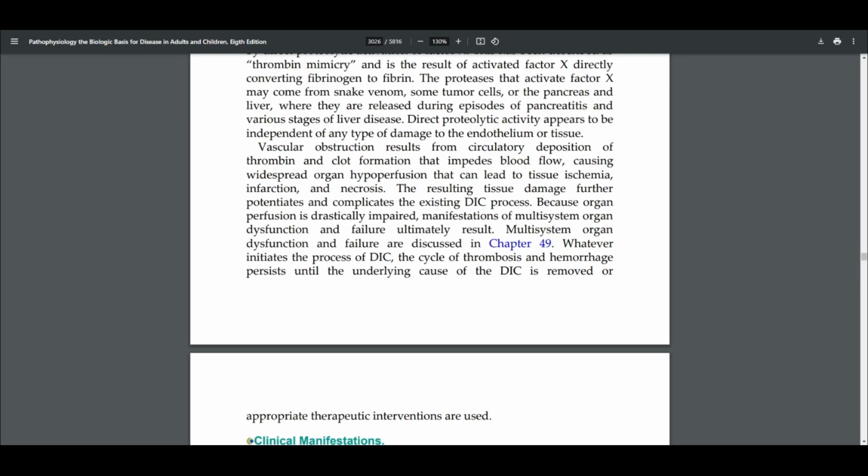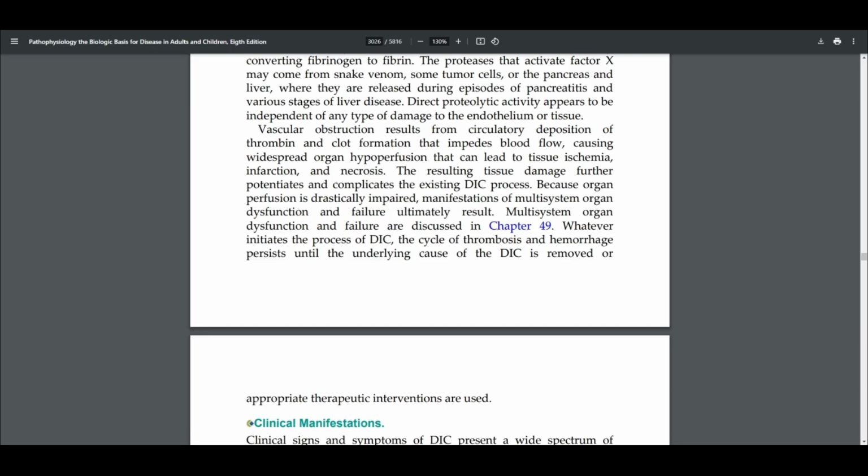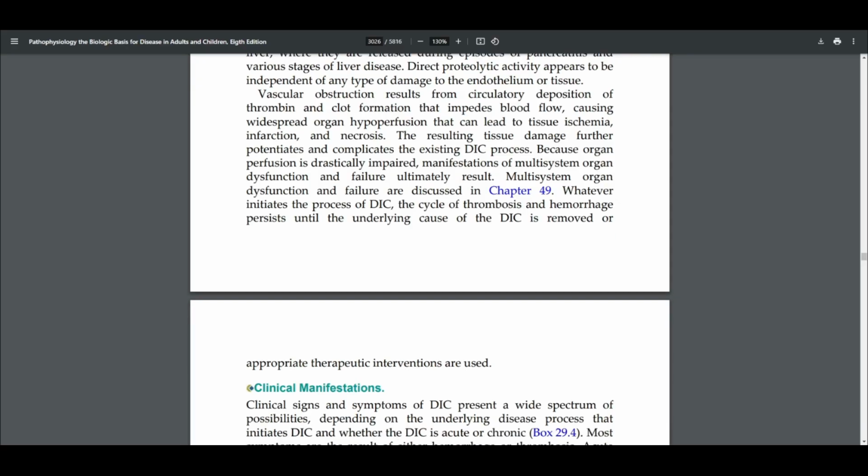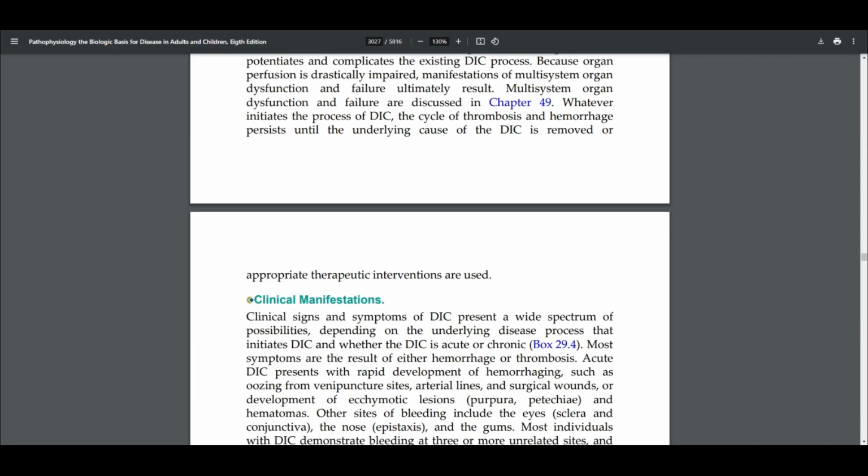Because organ perfusion is drastically impaired, manifestations of multisystem organ dysfunction and failure ultimately result. Multisystem organ dysfunction and failure are again discussed in Chapter 49. Whatever initiates the process of DIC, the cycle of thrombosis and hemorrhage persists until the underlying cause of DIC is removed or appropriate therapeutic interventions are used.